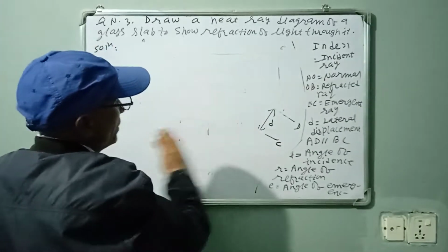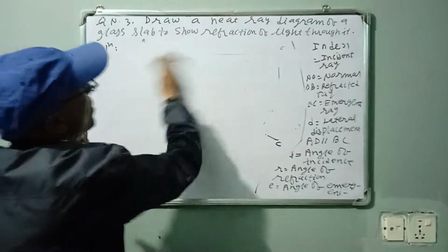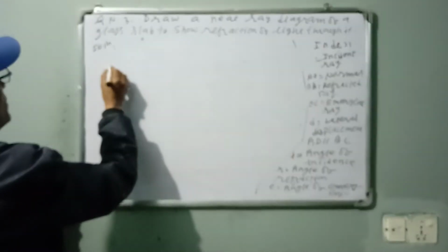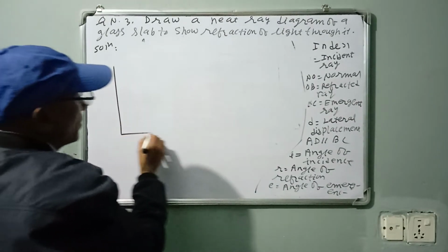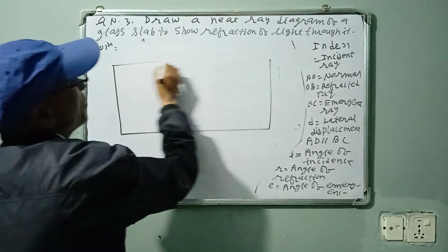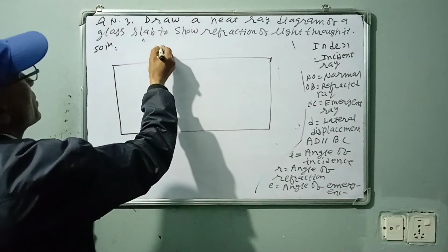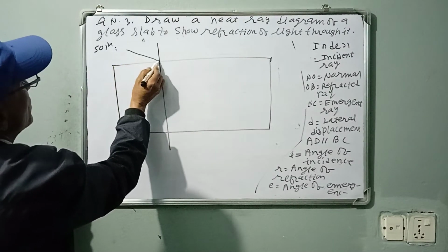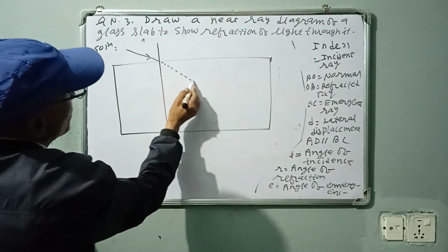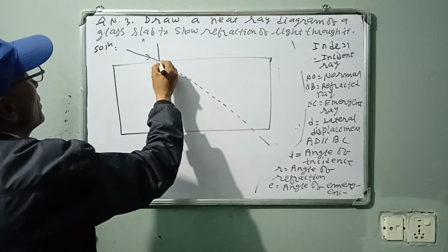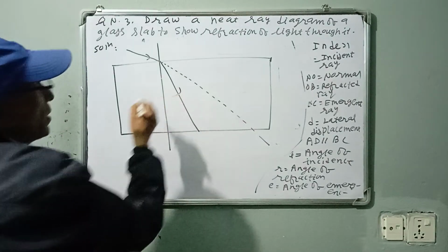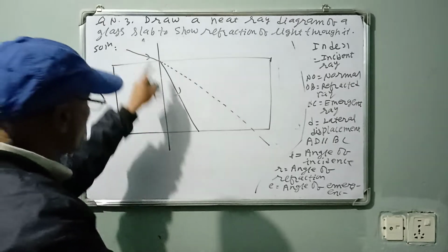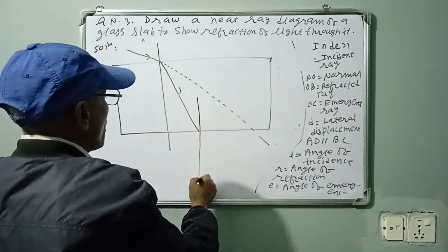How to draw? Actually, the drawing technique. See, first step, draw the glass slab. Second step, draw the ray straight. When a ray of light passes from a rarer medium to a denser medium, it is bent towards the normal. Draw a normal.